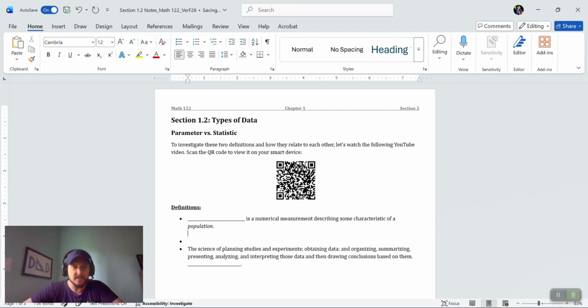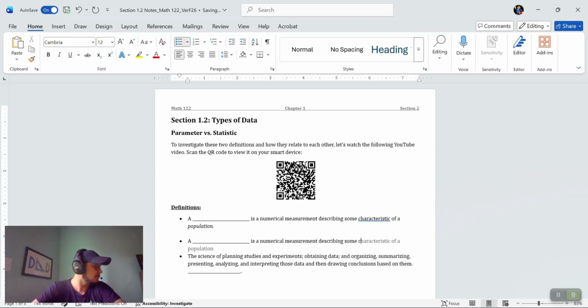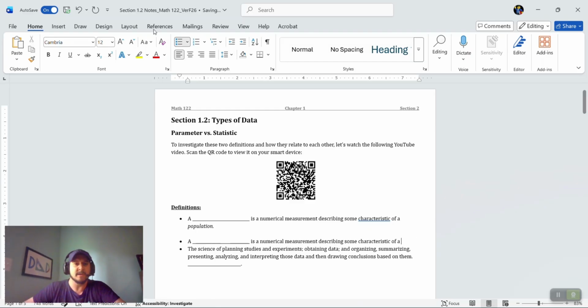A little bit of spacing between the two definitions. Put A, Canadian's favorite letter. Okay, A. Try to line that up. Is a numerical measurement describing some characteristic of a, not population this time, but a sample.